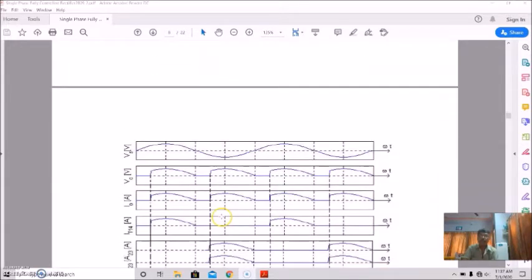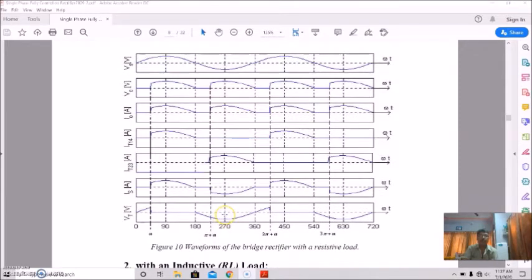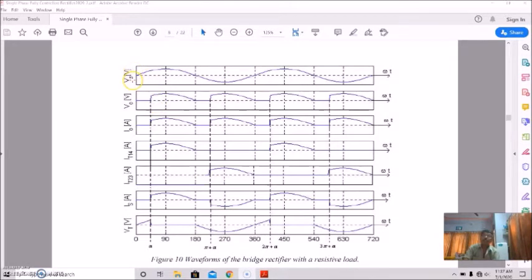And this is the waveform. For the resistive load, the waveform will be like this. This is the source voltage waveform, this is the output voltage, and this is the output current. When we discussed this in the center tap type, similarly here, this is the conduction pair, the current through thyristors 1 and 4, diagonally opposite.